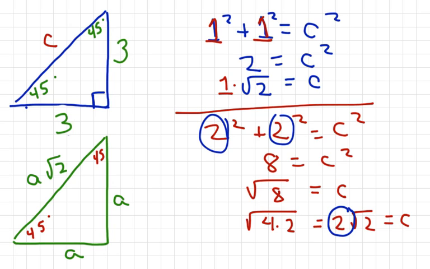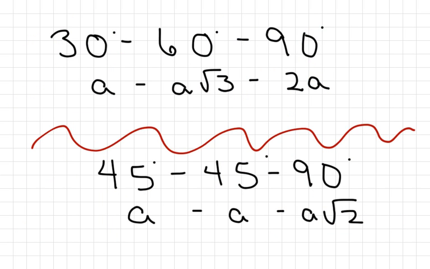If you said 3 root 2, you would be correct. And this is what generates our formulas for special right triangles.